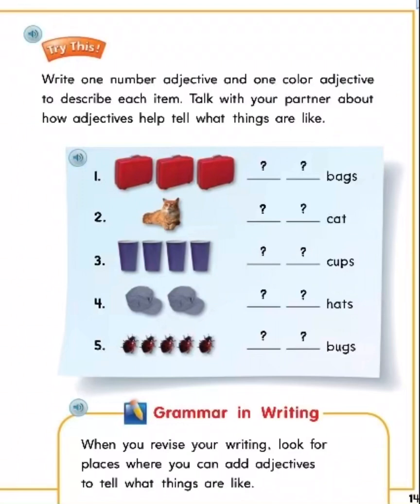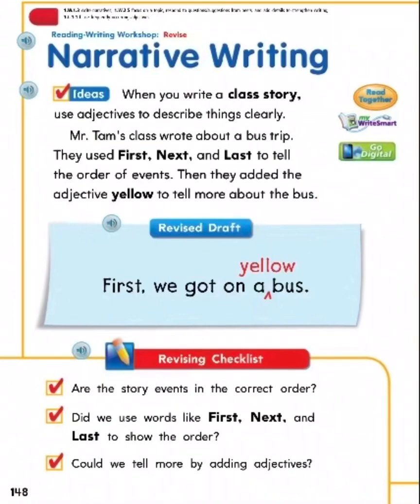Grammar in writing. When you revise your writing, look for places where you can add adjectives to tell what things are like. Narrative writing. Ideas. When you write a class story, use adjectives to describe things clearly.